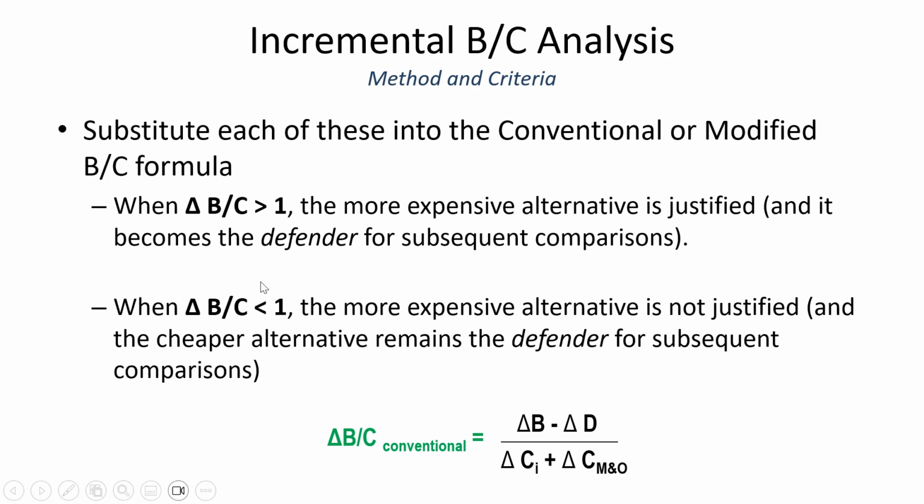And if the incremental ratio is less than 1, that means you're getting less than $1 of benefit for each dollar of cost, and therefore the more expensive alternative is not justified. So then you'd choose the cheaper alternative, and it would be the baseline case that the remaining alternatives are compared against.